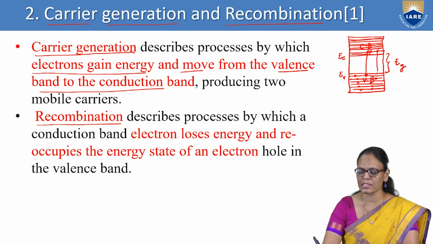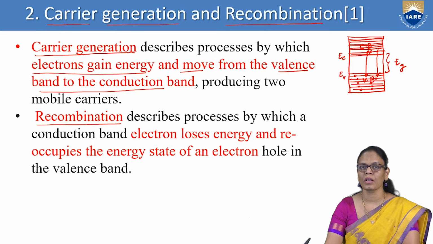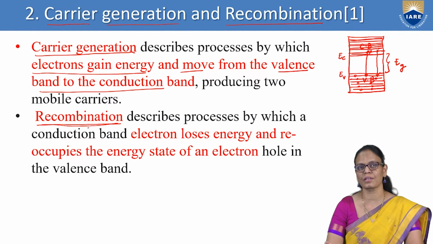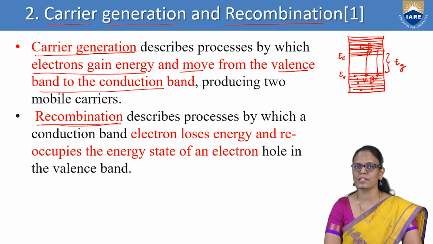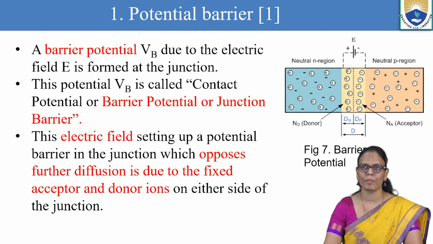Whatever the difference in energy, that will be emitted. So we are calling it recombination. When recombination occurs, energy is being emitted. That is what we need to understand about carrier generation and recombination.